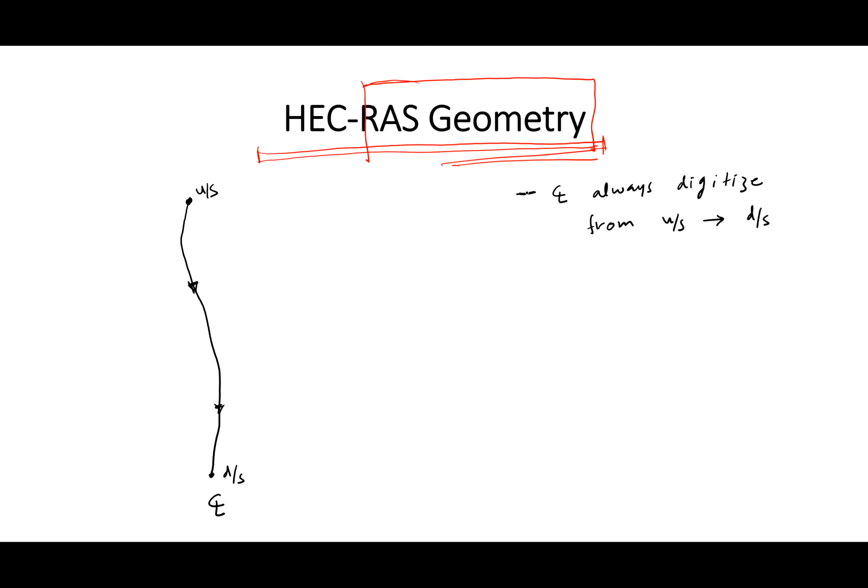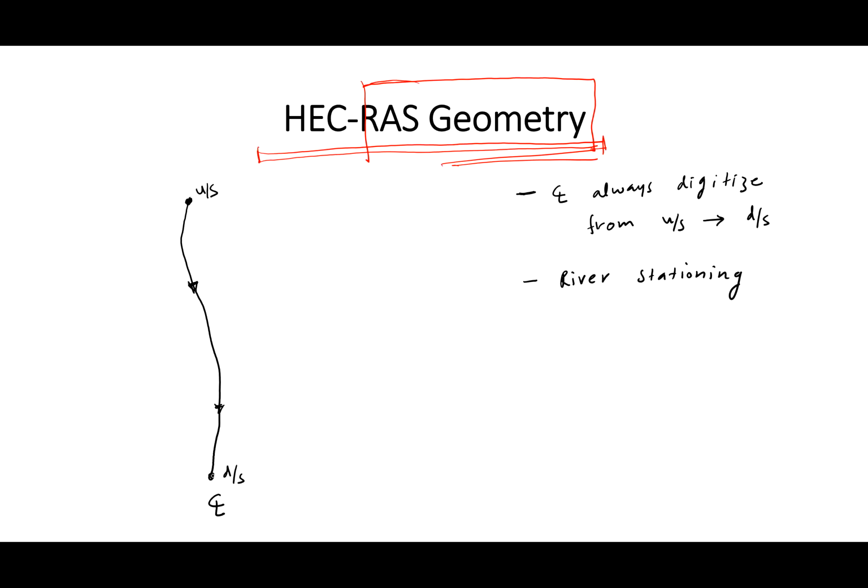The other thing we want to remember is reverse stationing. You may ask, what is reverse stationing? Reverse stationing is a way of identifying location along a channel center line.